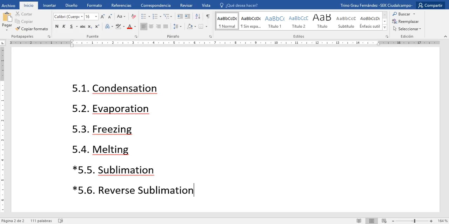So for doing the experimental procedure, you can use the guidelines of the packet that I gave you, and obviously the freezing, the sublimation, the reverse sublimation, you need to explain how you did it. So that will be the first part of the lab report.